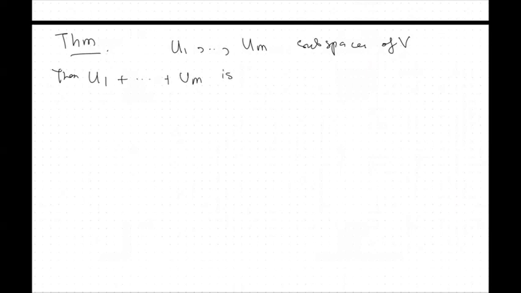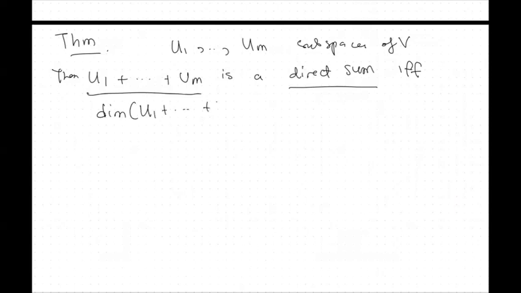So we have, again, U1 to Um subspaces of our vector space V over the field F. Then the sum U1 plus up to Um is a direct sum if and only if another condition holds, this is the first condition: the dimension of the sum U1 plus up to Um is equal to the dimension of U1 plus up to the dimension of Um.